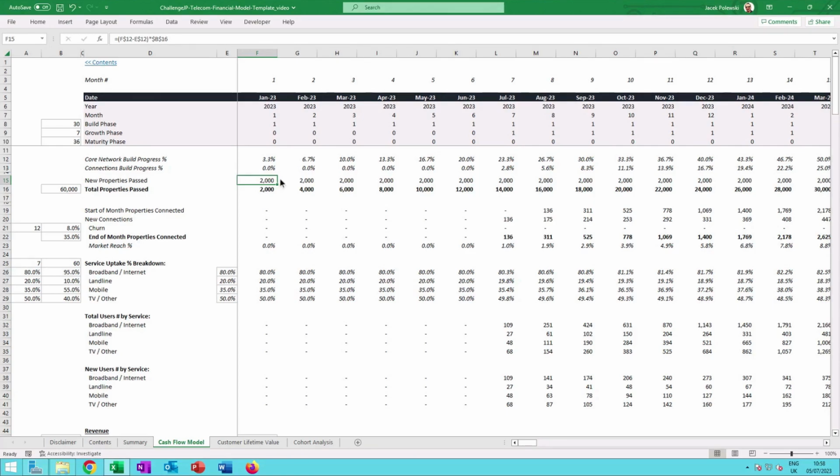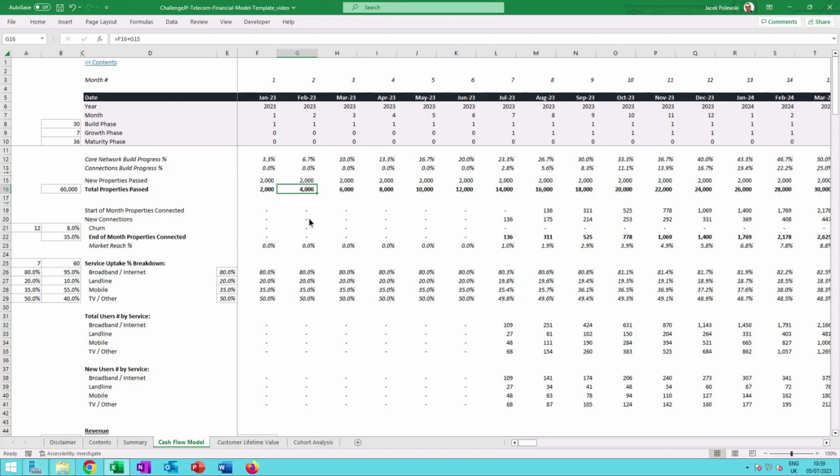And you'll see that we have here new properties passed, which if we just go to that calculation here, is basically just the difference: the incremental increase in the percentage of the build progress times the number of your target properties passed. Okay, and then you have here your total properties passed, which is just the accumulation of all the numbers from the current and previous month.